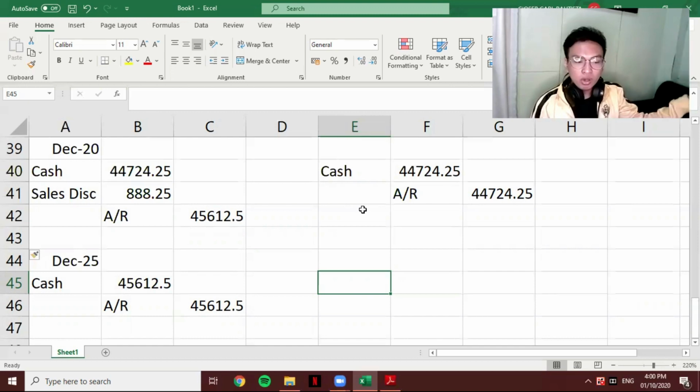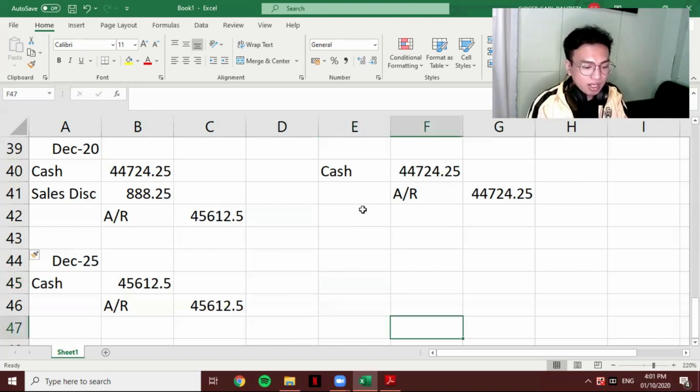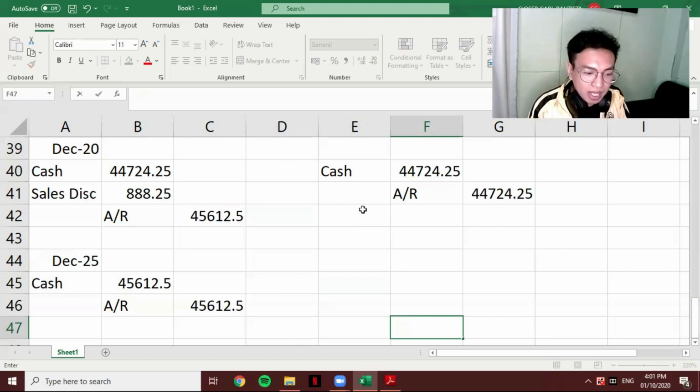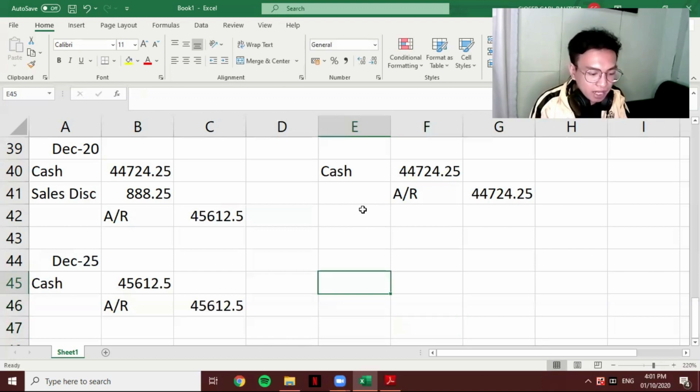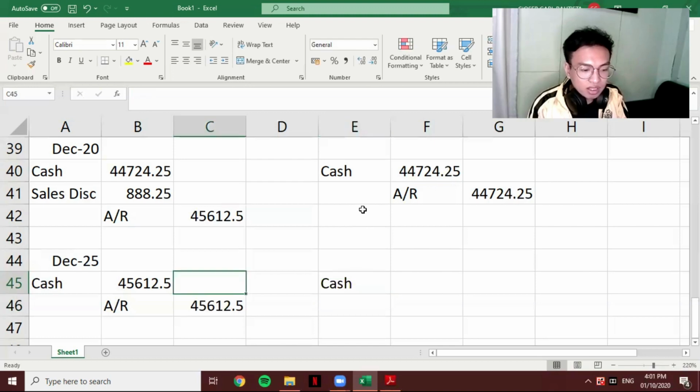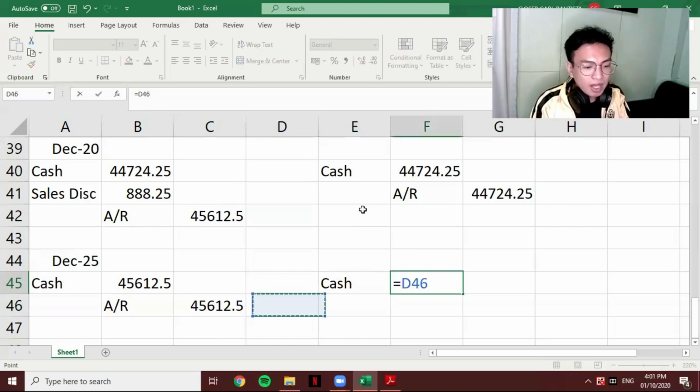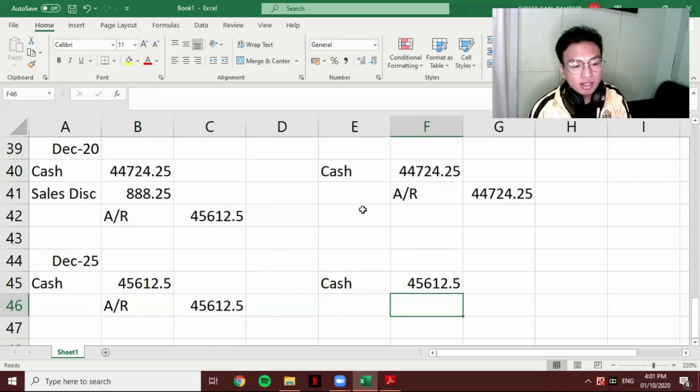Purchase discount loss. Therefore, if it's loss on purchase on the buyer side, of course, gain naman natin to on our seller side. It will not form part of our sales either, katulad nung nangyari sa purchase discount loss na never will be included in your merchandise inventory. How do we account for this? Sabi natin, kailangan matanggap natin ng buo ang 45,612.5, dahil nga wala silang nakuha na discount.